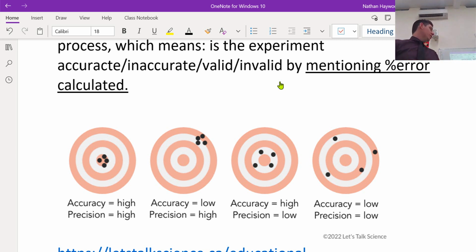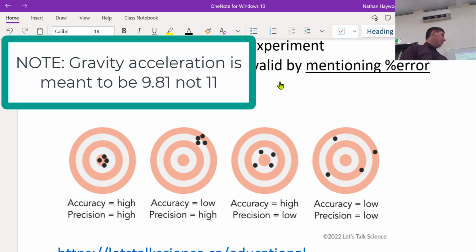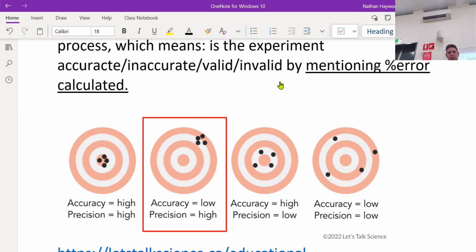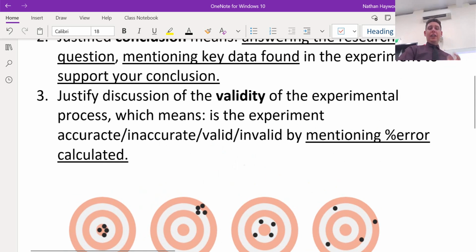If all of the numbers you got were around the same number, but it's completely different, like the gravity constant, if you got all these results, the gravity constant is 11, that means it is precise but not accurate, okay? If you're looking at accuracy, validity, look at percentage error. So a very high percentage error, not so accurate, not so valid.